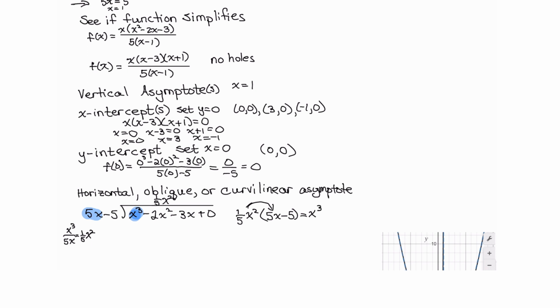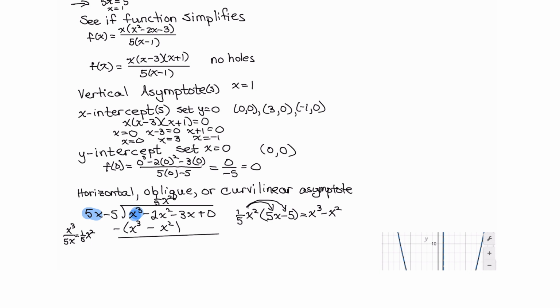And then 1/5 x squared times negative 5 is negative 1 x squared, so minus x squared. We write that under the like terms, x cubed here and minus x squared there, and then subtract.